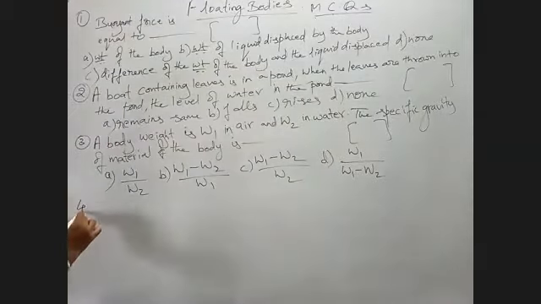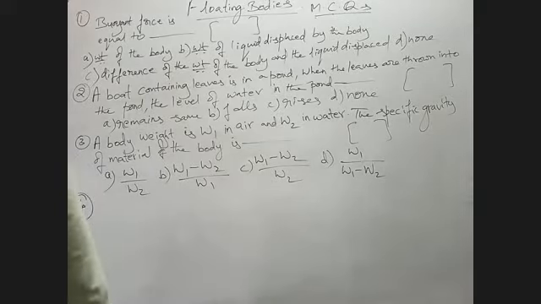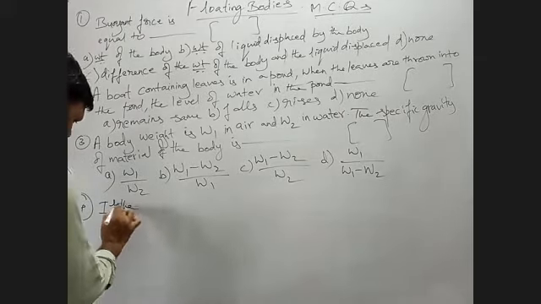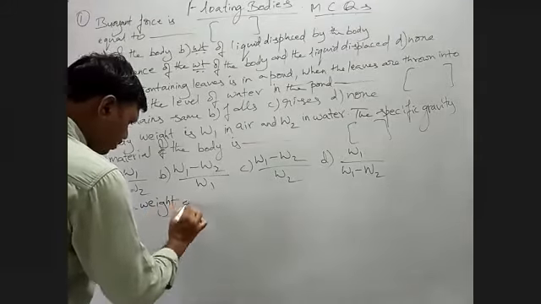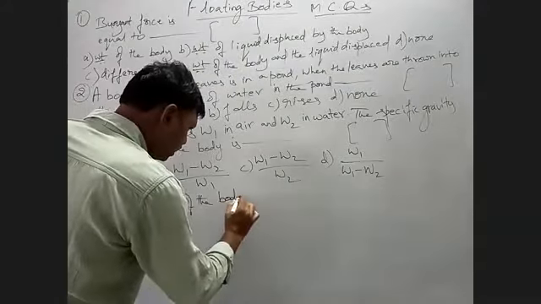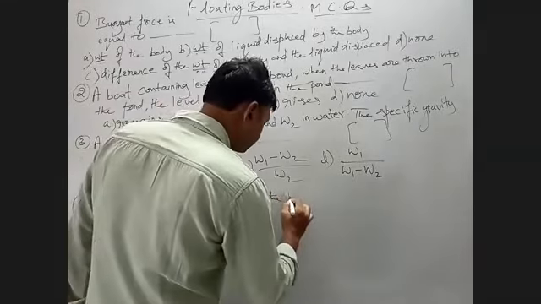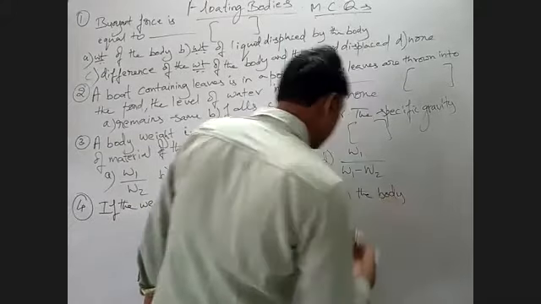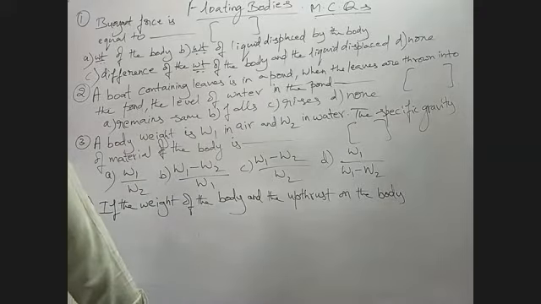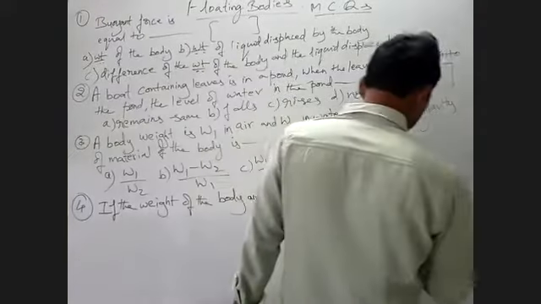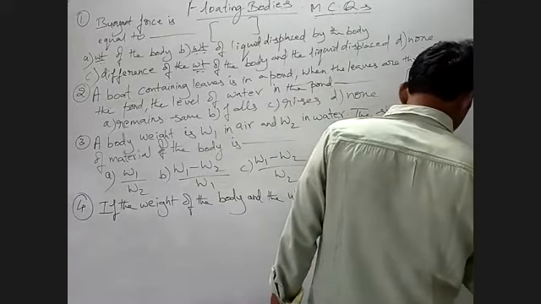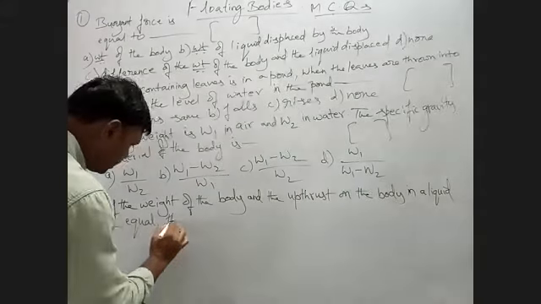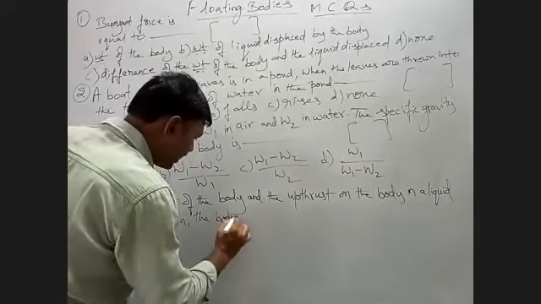Then the fourth question is about the weight of the body and the upthrust from the liquid. If W is the weight of the body and the upthrust on the body in a liquid are equal, then the body dash.